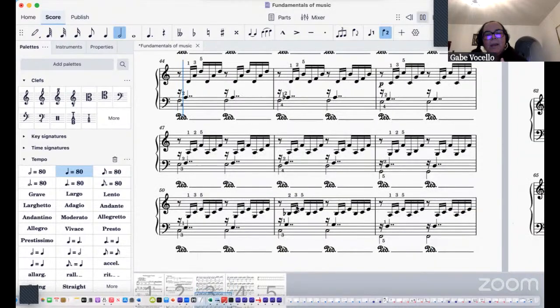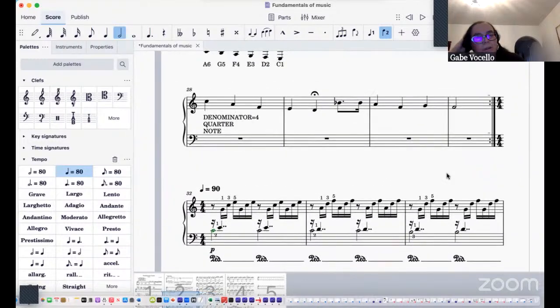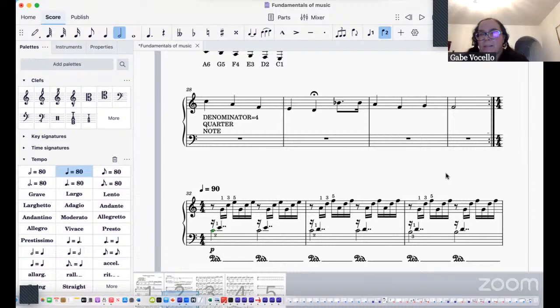Okay, so now again, see what I'm trying to say: when you raise the tempo or lower the tempo, the relationship between the rhythm notes is going to be the same. What is going to change is the speed, okay? Again here.